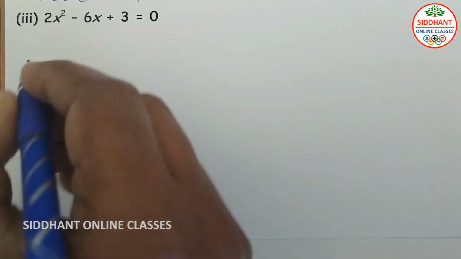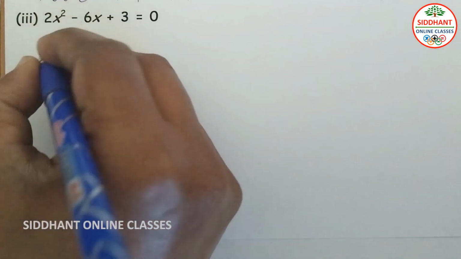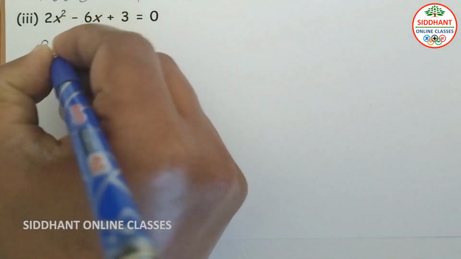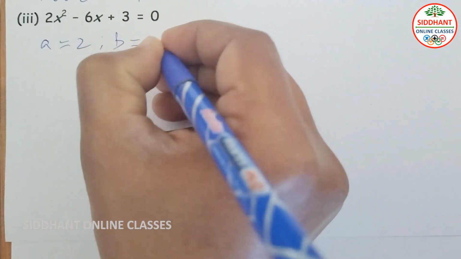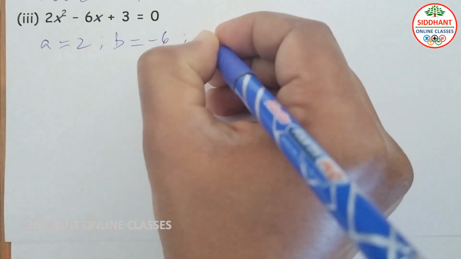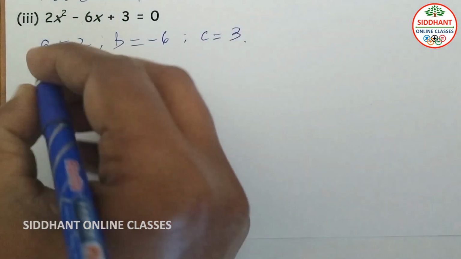Third one, 2x² − 6x + 3 = 0. So here a = 2, b = −6, c = 3.